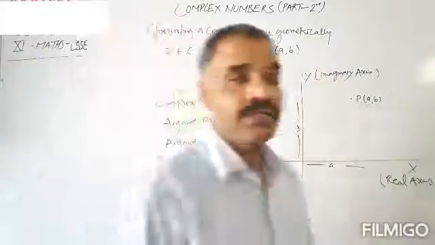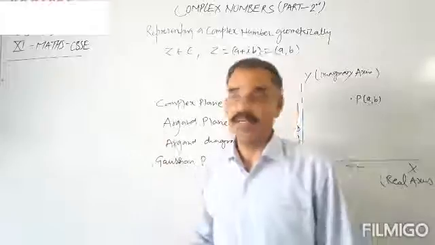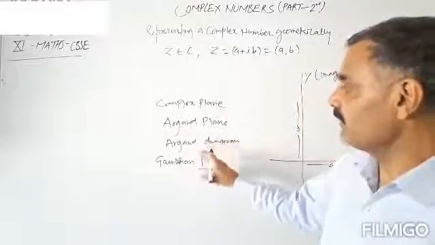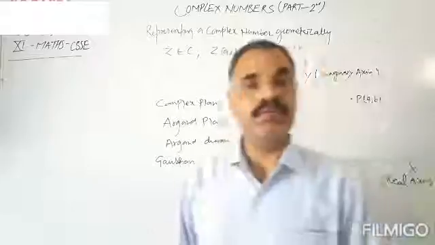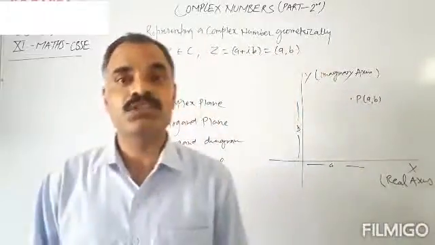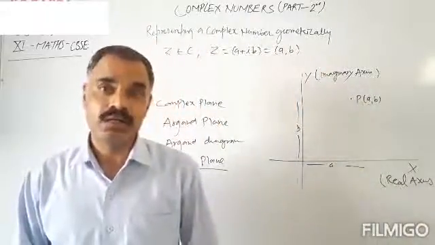So these are the different names of the complex plane: complex plane, Argand plane, Argand diagram and Gaussian plane, and we can represent a complex number geometrically by the ordered pair (a, b).